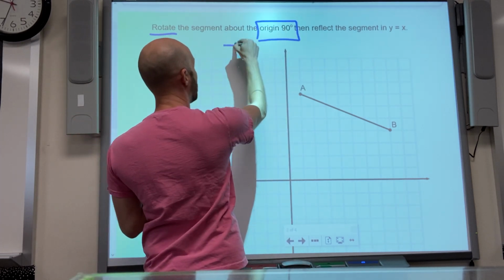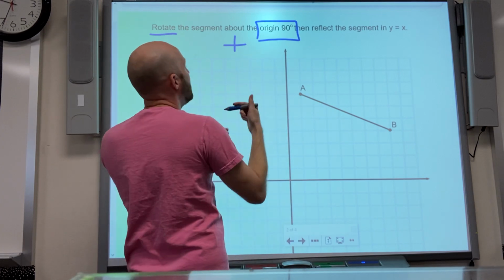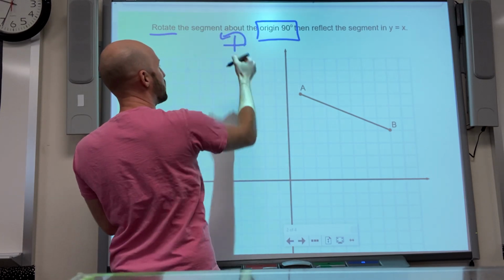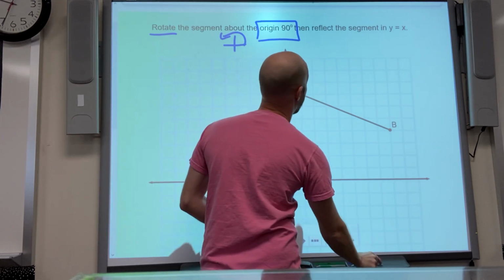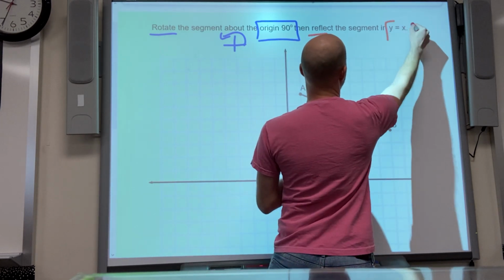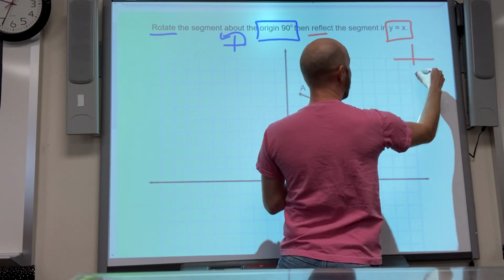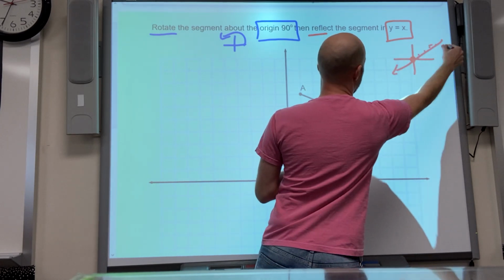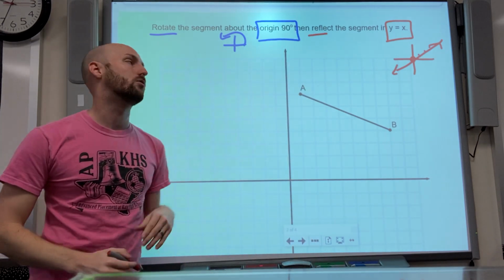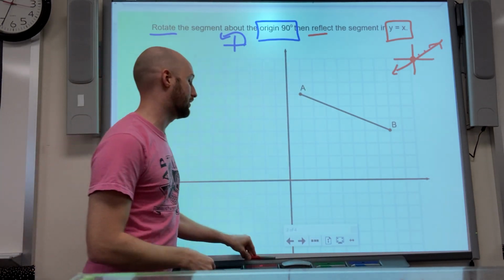It doesn't say positive, well, it is positive, and because it doesn't say the vocabulary, we know that that is a counterclockwise turn. And then after that, we're going to reflect it over the line y equals x. And y equals x, again, is like start at 0, slope of 1 over 1. So that means reflecting over that perfect diagonal line.